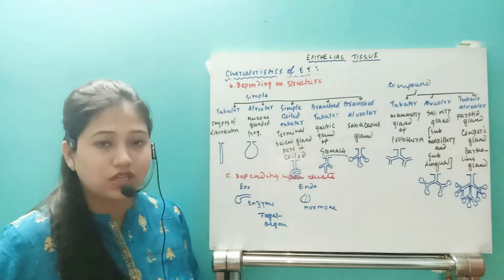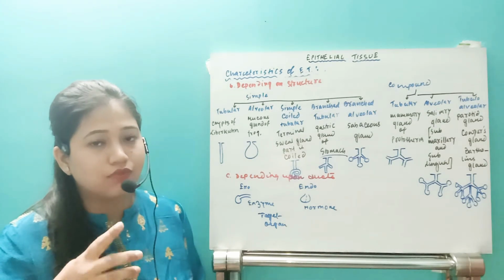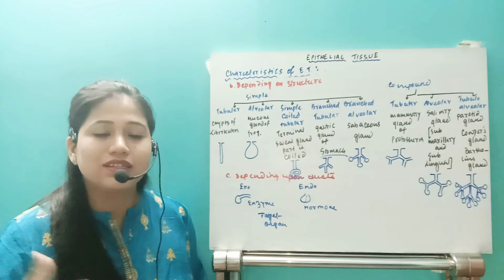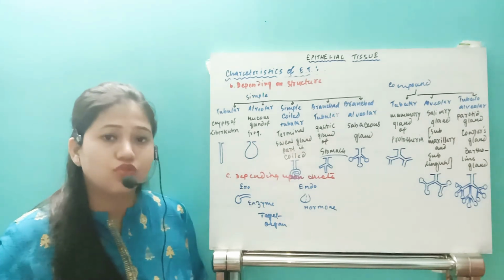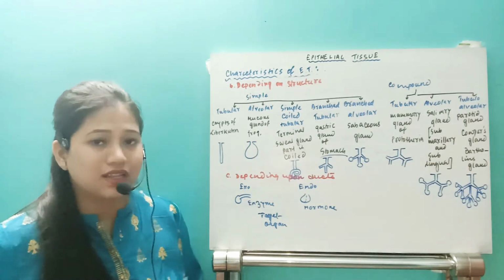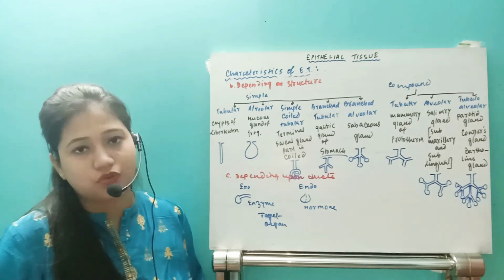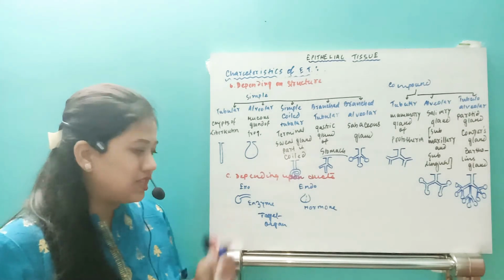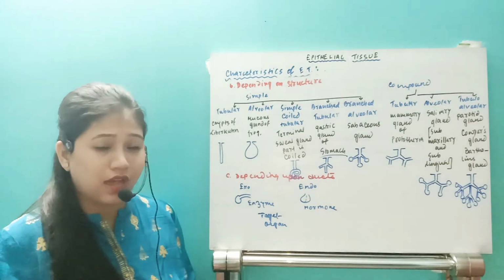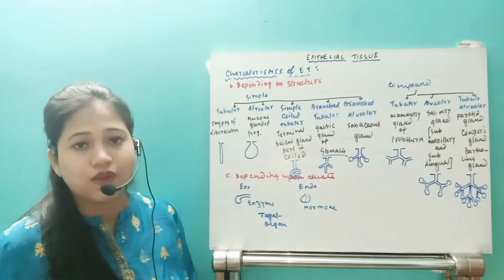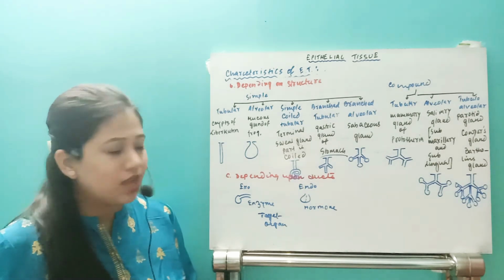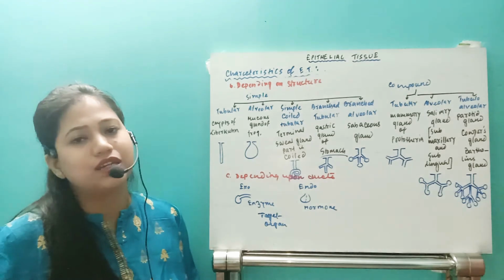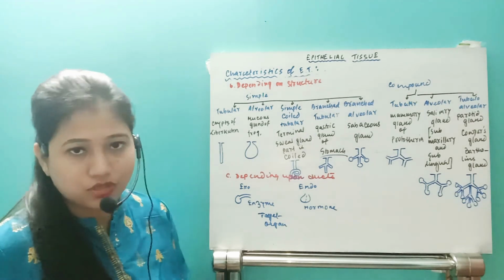The secretion occurs somewhere, and the function has to occur somewhere else, very much away. The reason is that enzymes have high molecular weight, so they cannot be transported by the blood, whereas hormones from the endocrine gland can easily be transported, right?